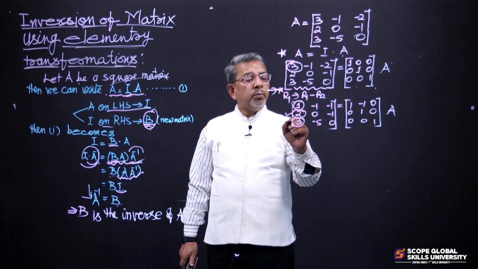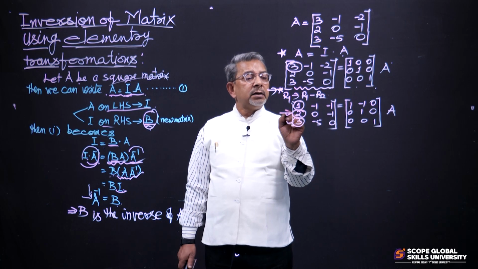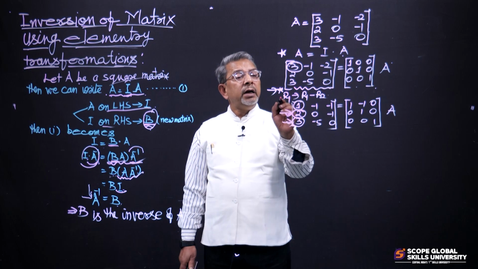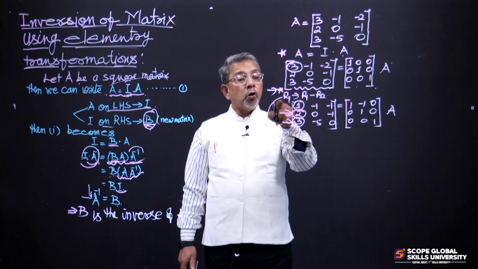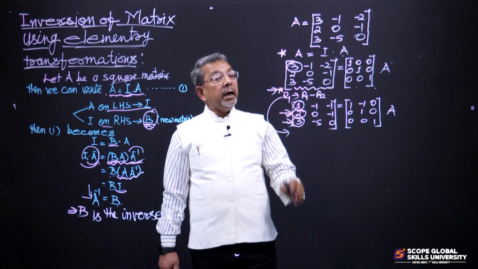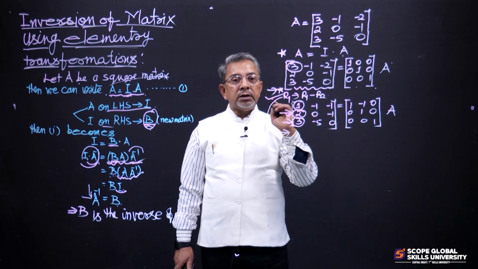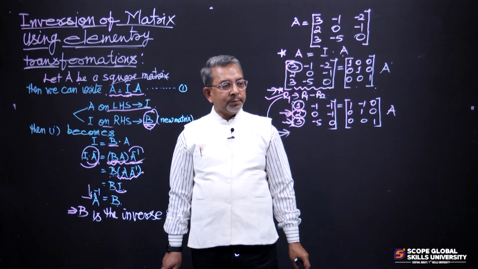For this purpose, to reduce these elements of this matrix to 0, we need some other operations which must be row operations. I told you earlier that once you start with row operations, you have to use only row operations again; column operations are not permitted at all.